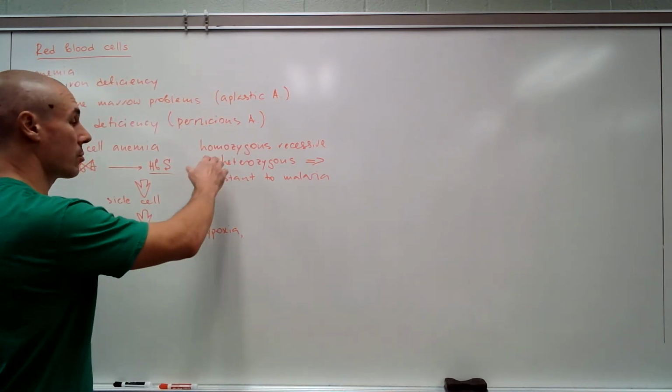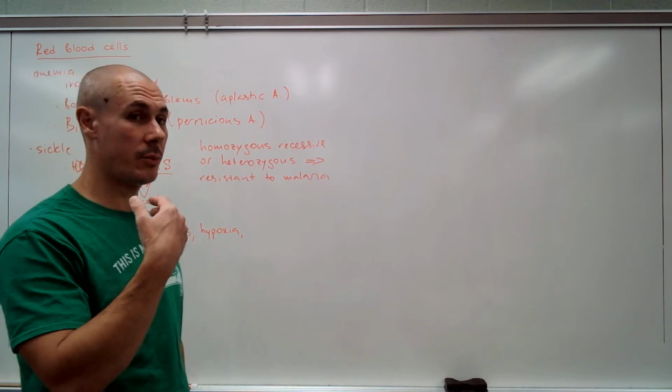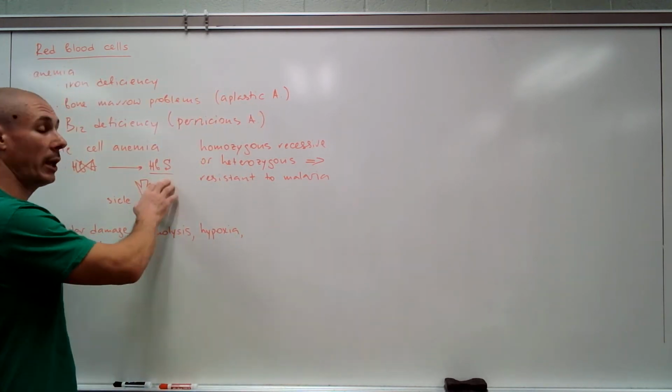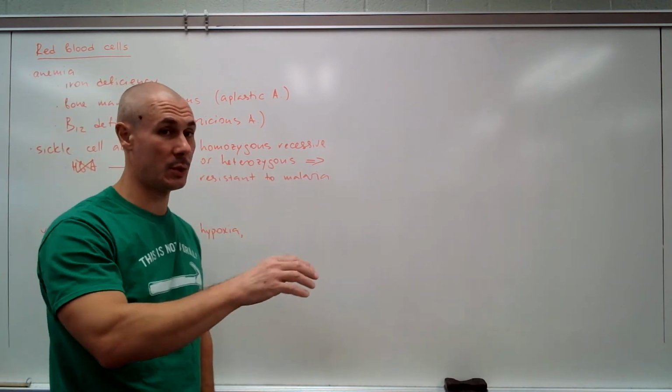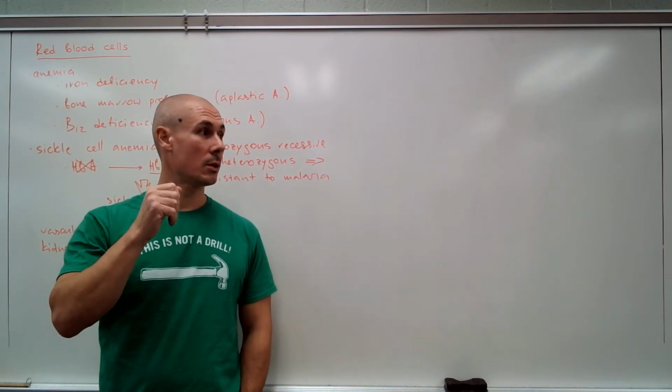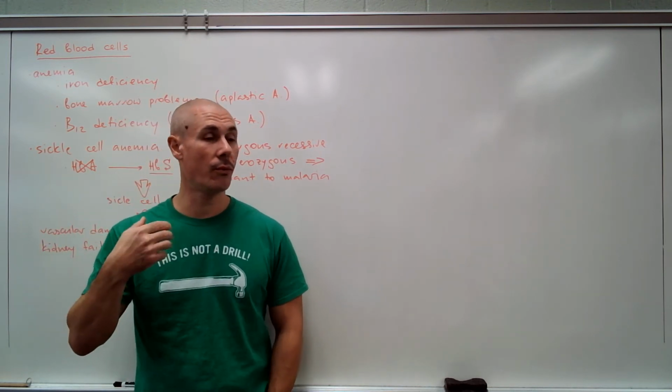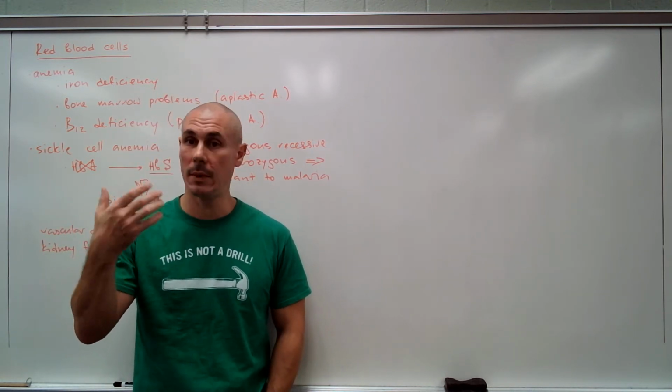But if they are heterozygous, this is an example of incomplete dominance. So a small amount of hemoglobin S will be accumulated in heterozygous people. Does that make sense? So they're going to be healthy otherwise.